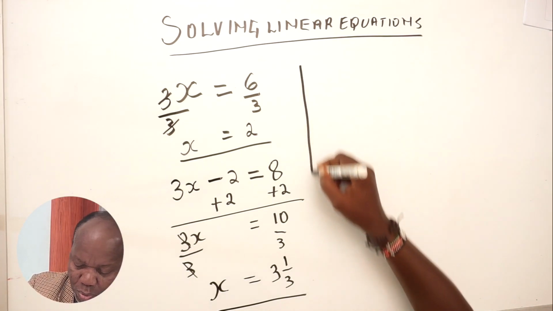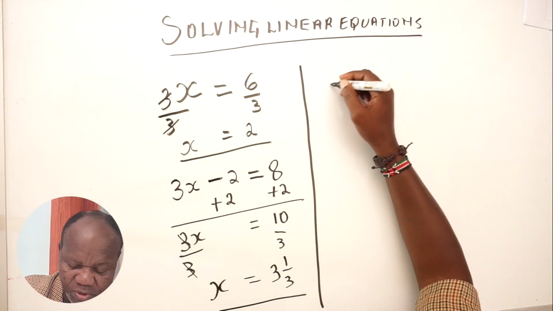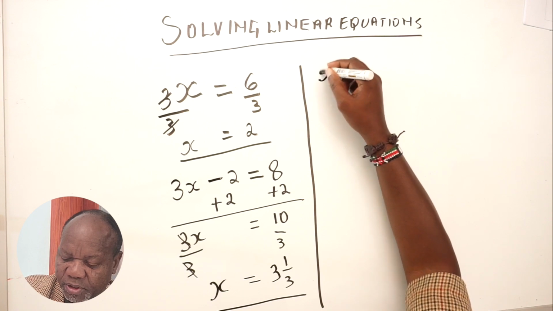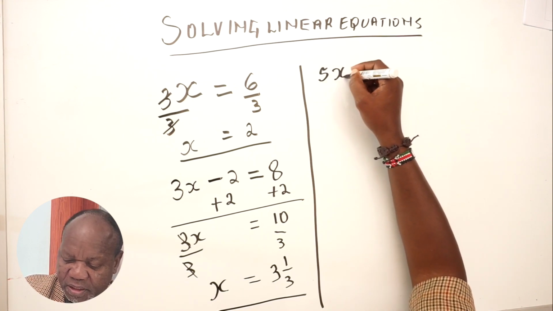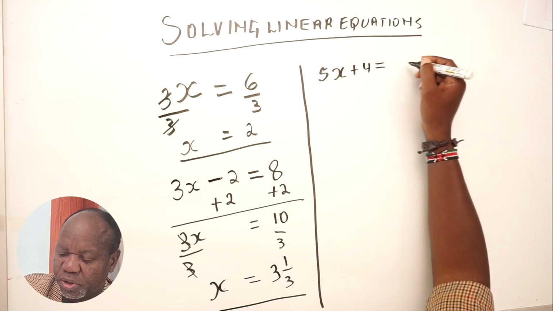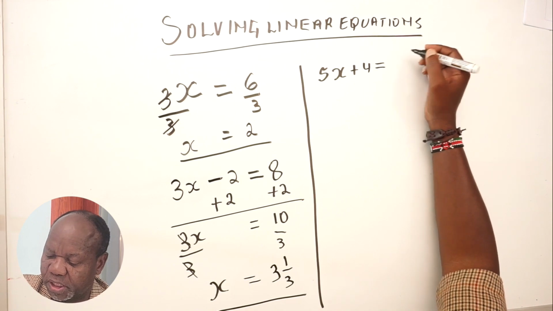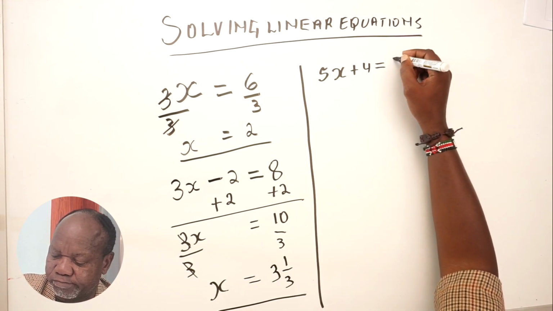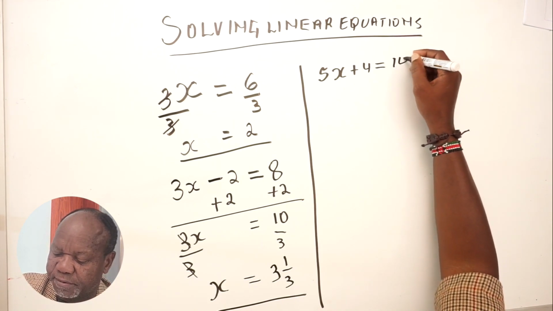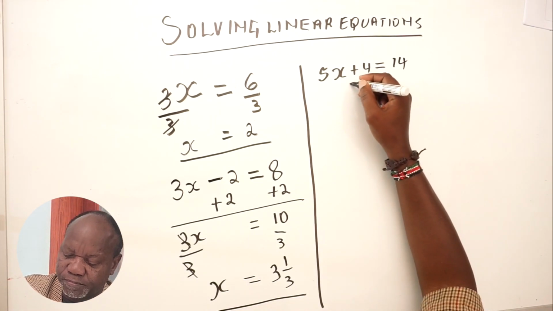Maybe it was a bit more complex, an equation like 5x plus 4 equals 14. 14 is a good number for us. You have to remove the 4.